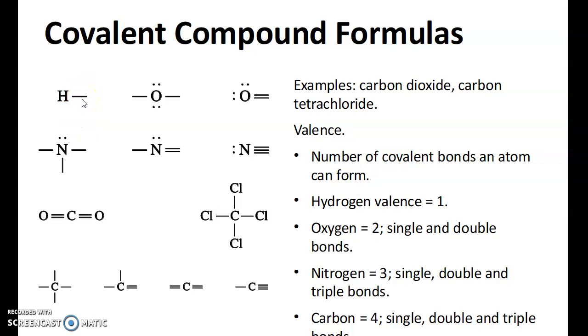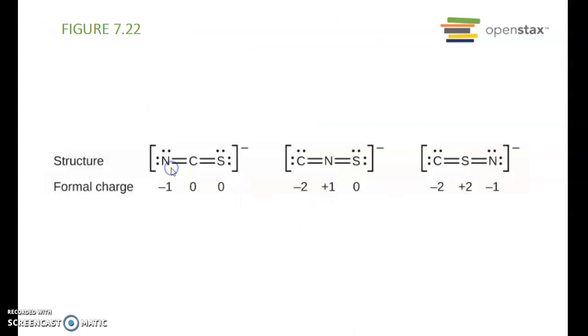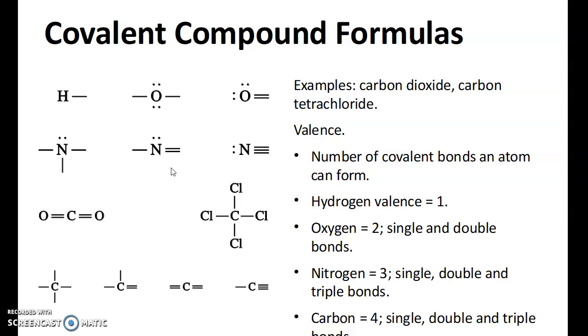Its valence is 1. Oxygen has a valence of 2, so we can have both a single bond and a double bond. Nitrogen has 3, so it can form a single, double, and a triple bond. And carbon can form single, double, and triple bonds as well.